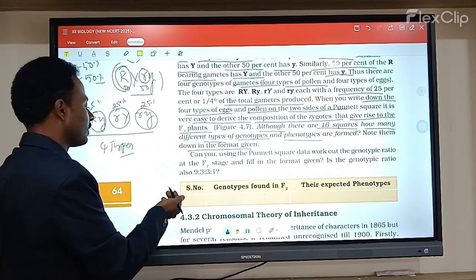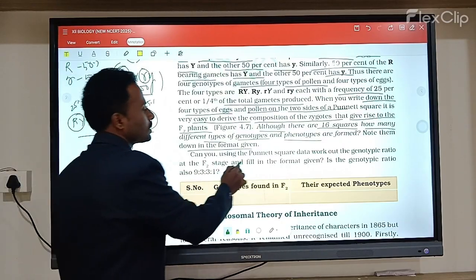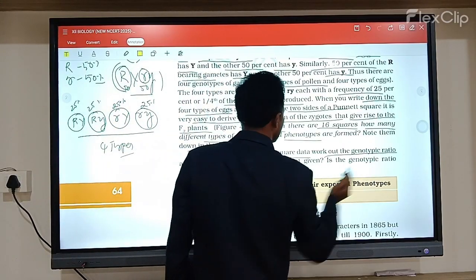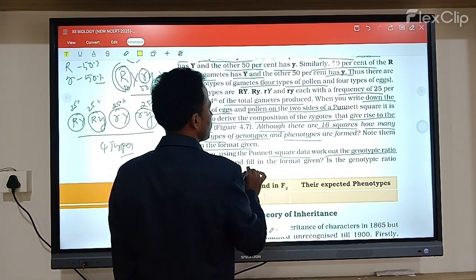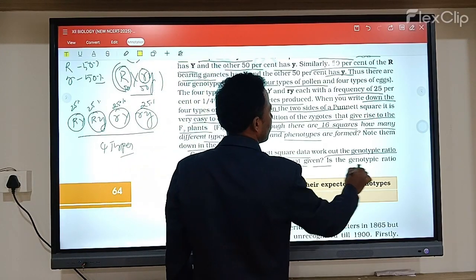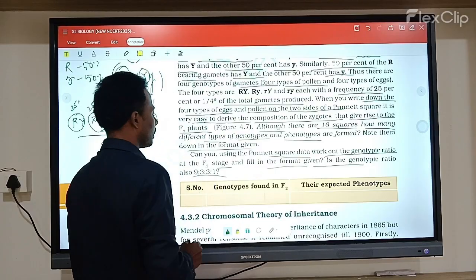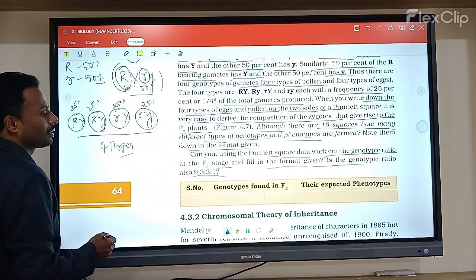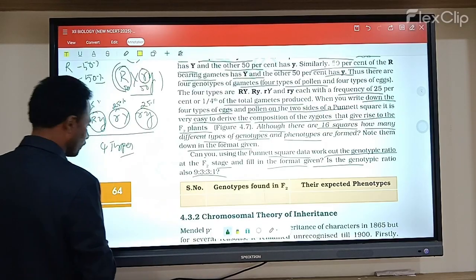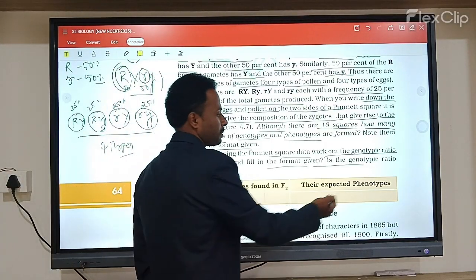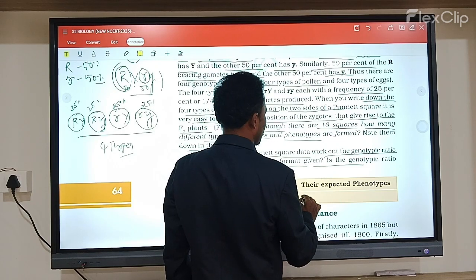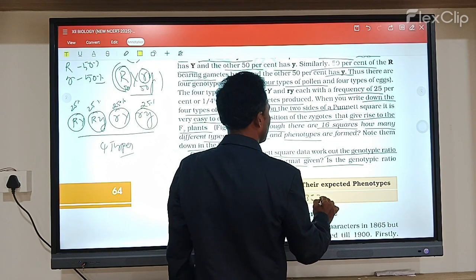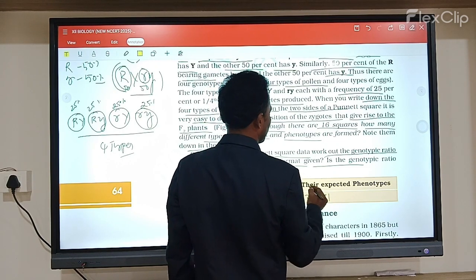Here they are given as a phenotypic ratio. Using the Punnett square you can work out the data as a genotypic ratio, filling in the format given. The phenotypic ratio is 9:3:3:1. You already know this, yes, no?